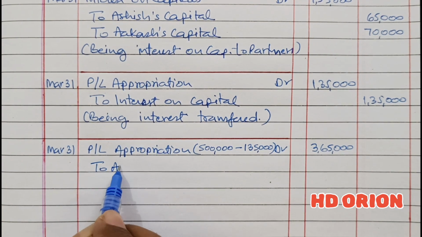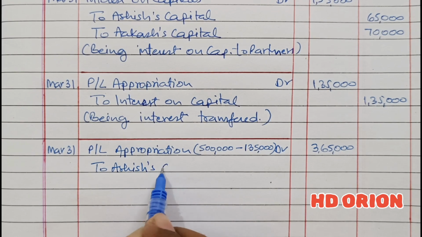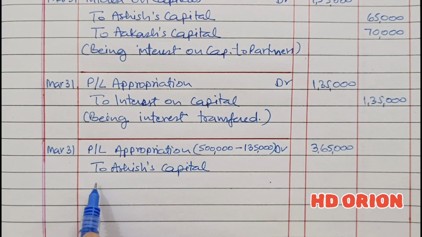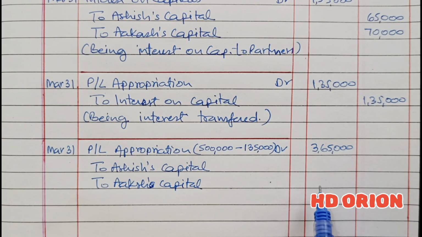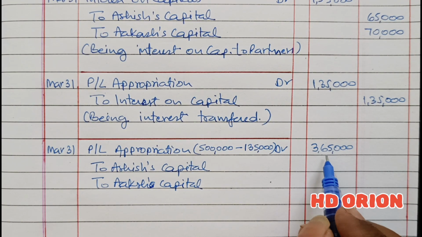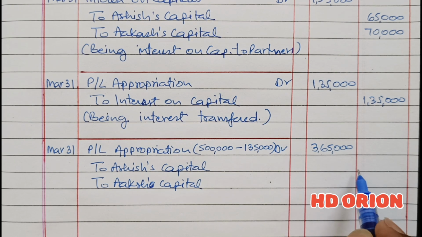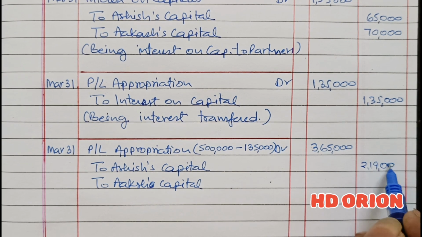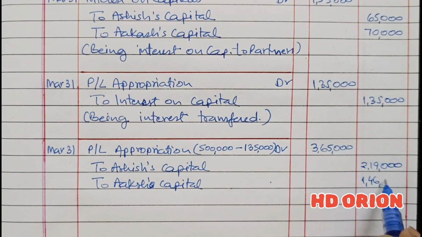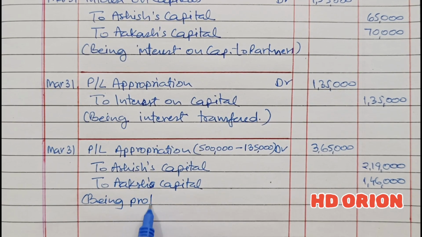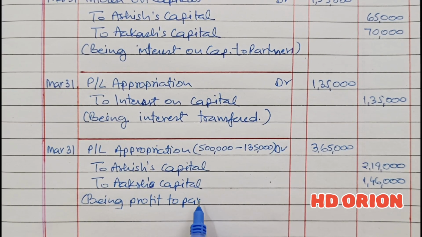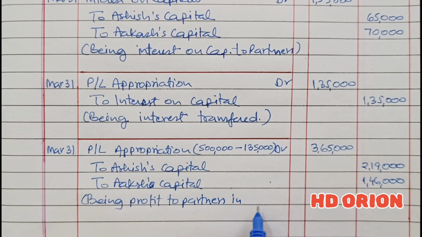So to Ashish capital account, this will also go to capital account, not current account. To Akash capital account, and the ratio is 3:2. So when you break this in the ratio, the first partner will get 2,19,000 and the second partner will get 1,46,000. Being profit to partners in 3:2, which is their profit sharing ratio.